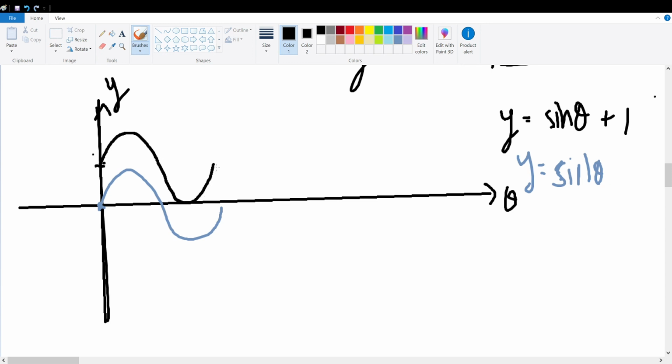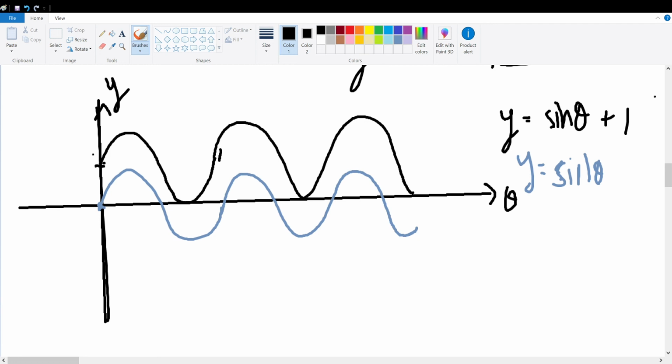as it should touch the x-axis, as we're shifting this entire function of y equals sine of theta up by 1 unit. So if you can imagine going on forever, likewise for the opposite direction, this function will be like this.